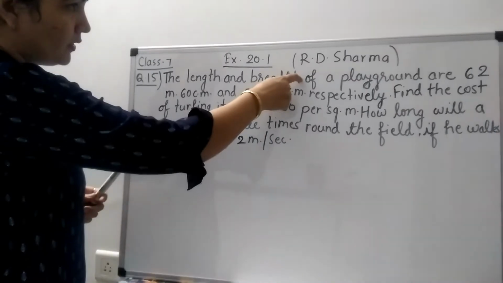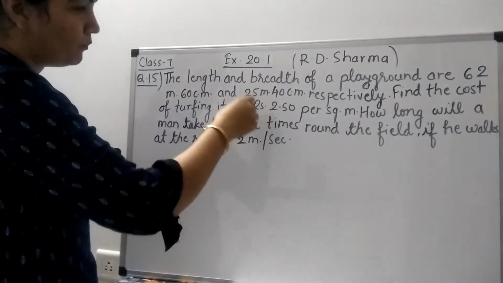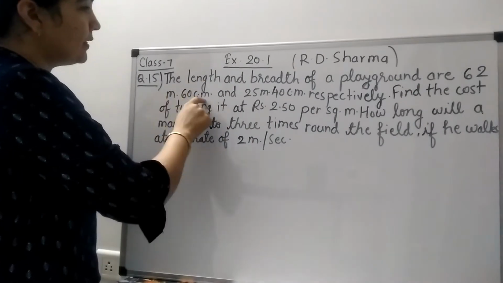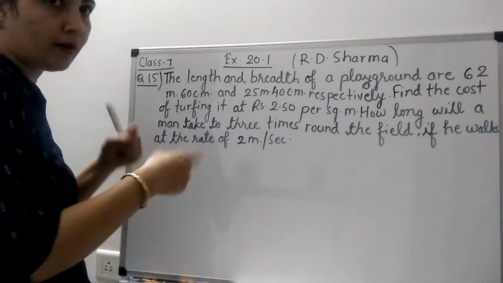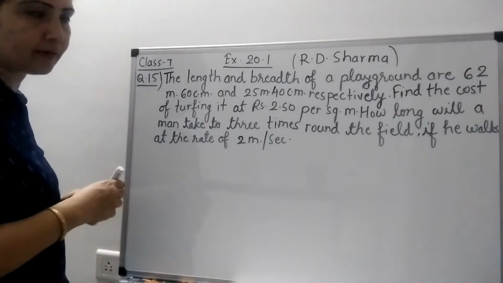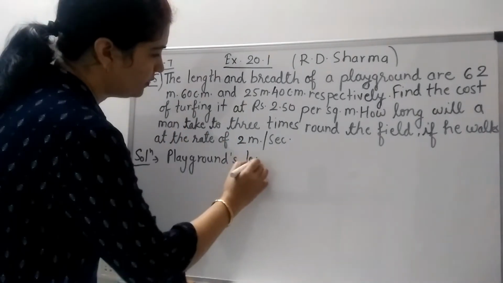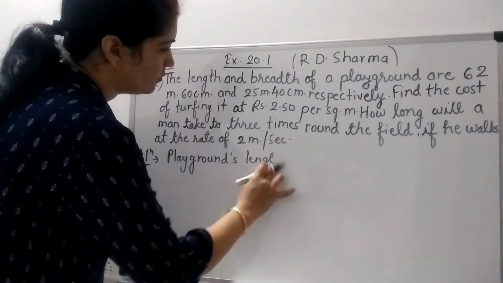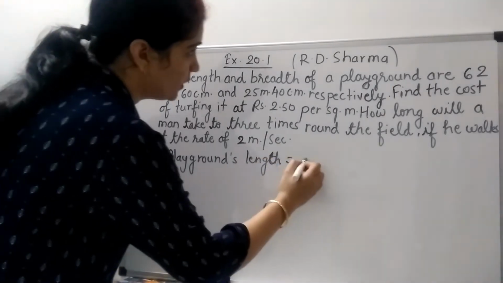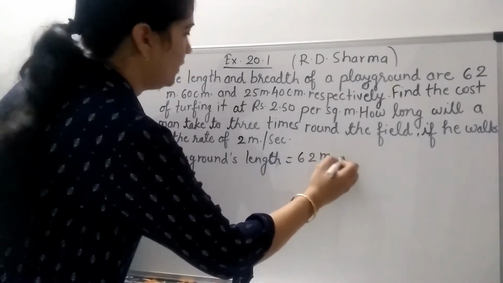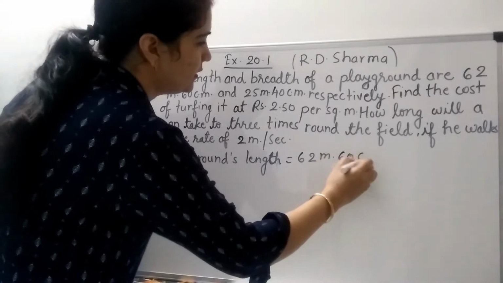So first we will find the area of this playground. For that we have to first convert it into 1 unit. This is meter centimeter and again meter centimeter. So we will convert it into meter because here speed is given in meter per second. So length is equal to 62 meter and 60 centimeter.